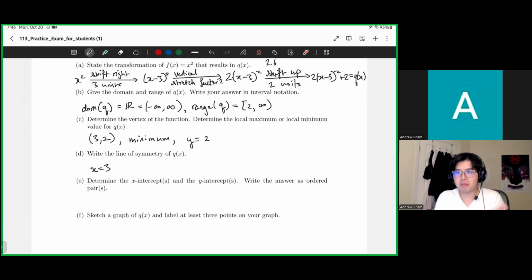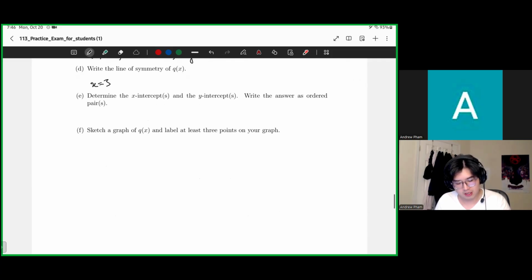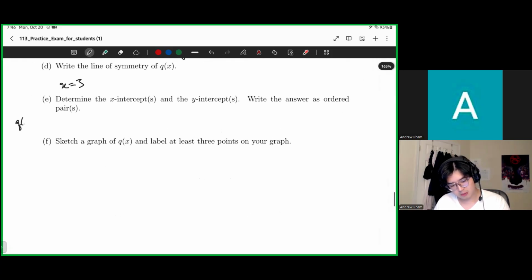If my range is above 0, my function can never be at 0, so it can't intersect the x-axis. But let's say you didn't make that conceptual connection. You can, of course, verify this by first principles.